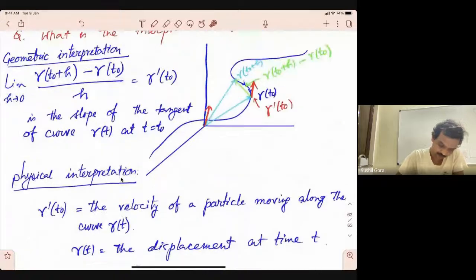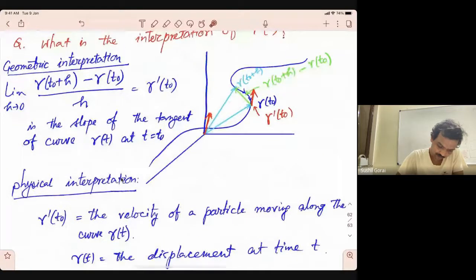Then you need to look at the equation of this line. So what is the equation of this line? This is the vector, right? You can think of this as a line also. Suppose you are given a vector v. Can you get a line?